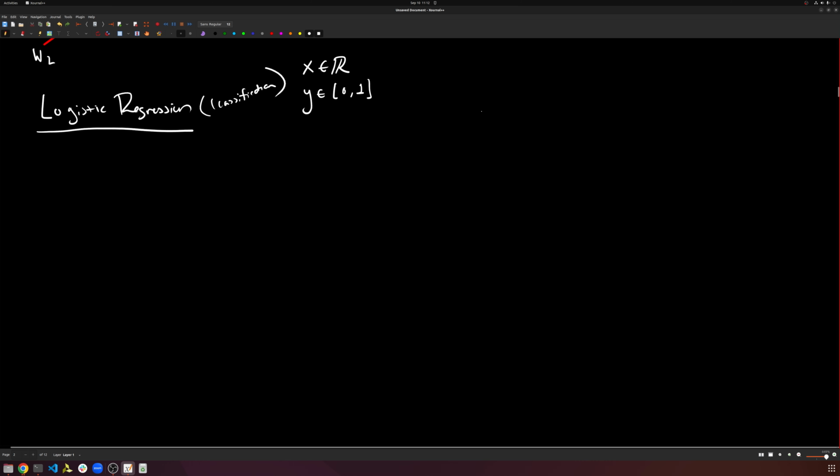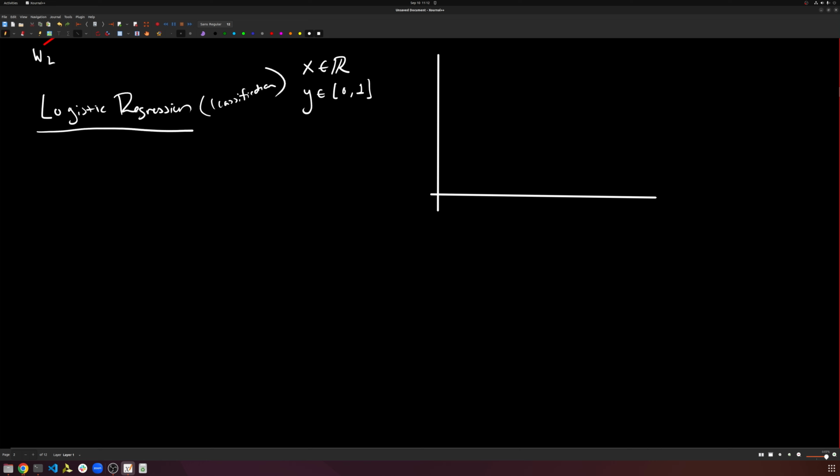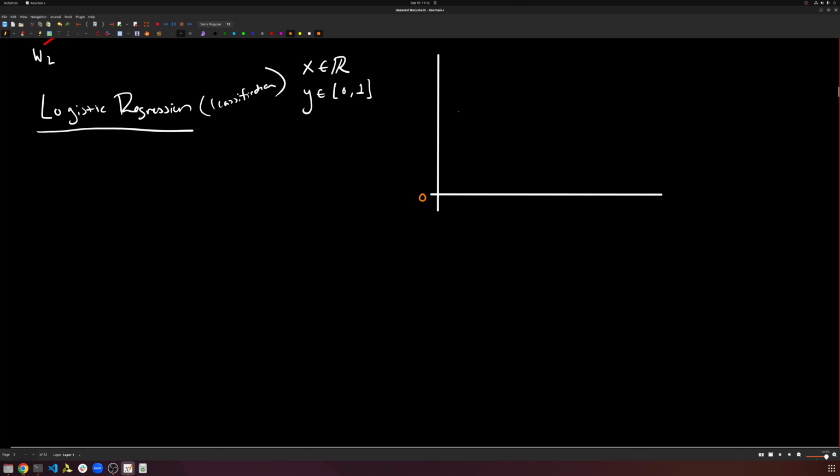So a typical place you would see this would be something like this. Let's draw an axis right here. And let's pretend that, okay, this is 0, and this is 1.